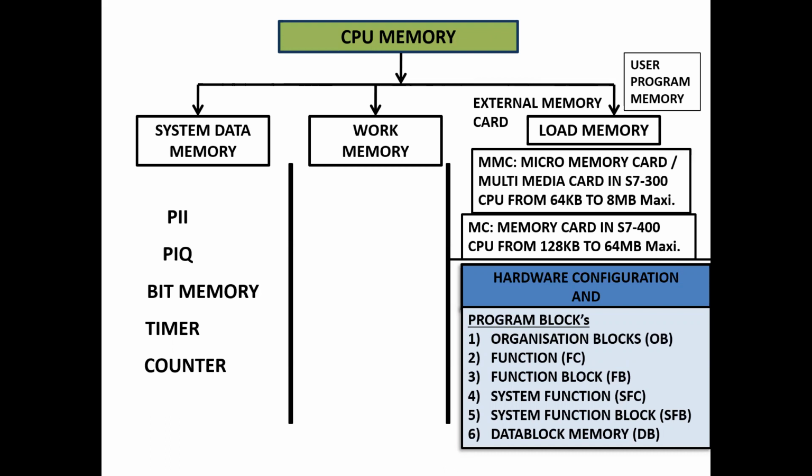After programming, we download these program blocks to the PLC, right? Instead of that, in TIA Portal, we do not need to download these blocks separately, hardware and program blocks. First we do the configuration, then we go for programming and save all the blocks, even hardware and program blocks, and then all the blocks can be downloaded at once. That's the advantage here. So you do not need to download the blocks separately.